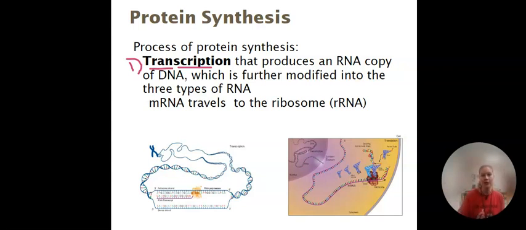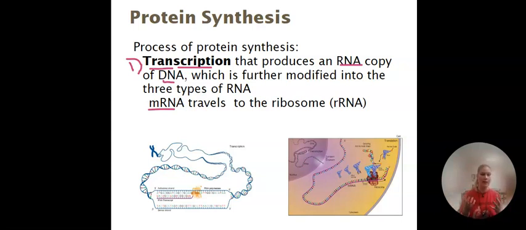So transcription is when we are changing DNA into RNA. So transcription produces an RNA copy of DNA. This specifically is called mRNA. The M stands for messenger because it is carrying a message from DNA. Because remember, DNA is a double helix, and it's also going to contain every single gene.